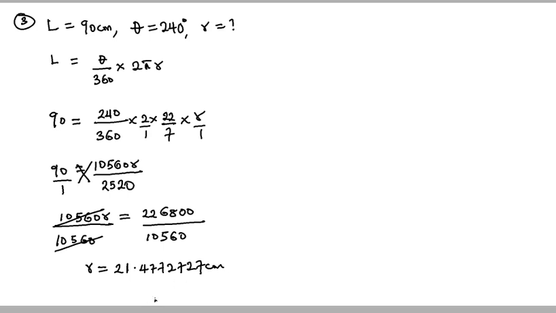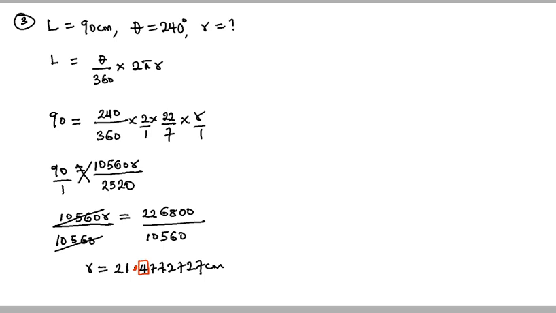We are not told what to approximate to, but let's just approximate to one decimal place. You can choose to approximate to anything, but this is centimeters, so let's consider one decimal place, or at most two. So let's go for one decimal place. After the decimal point, the first digit I'm seeing is 4.